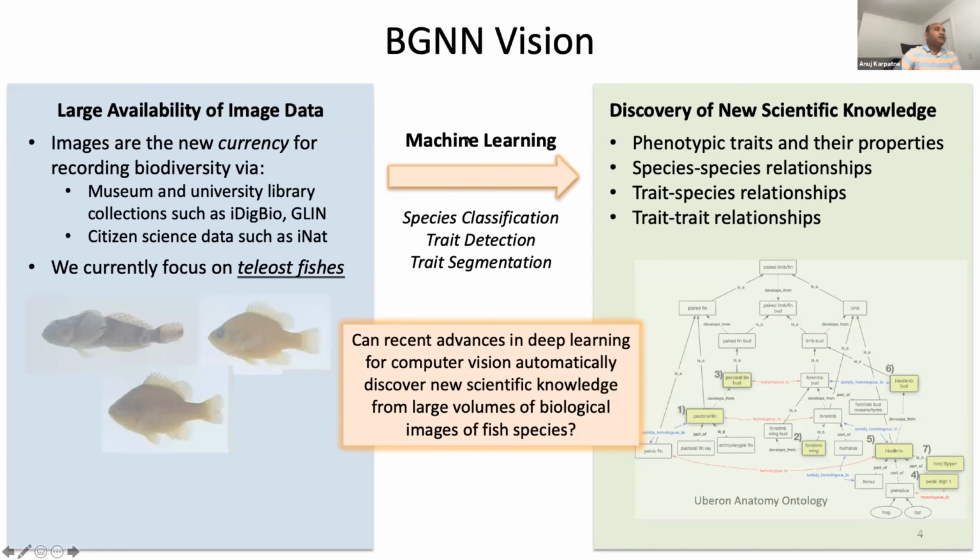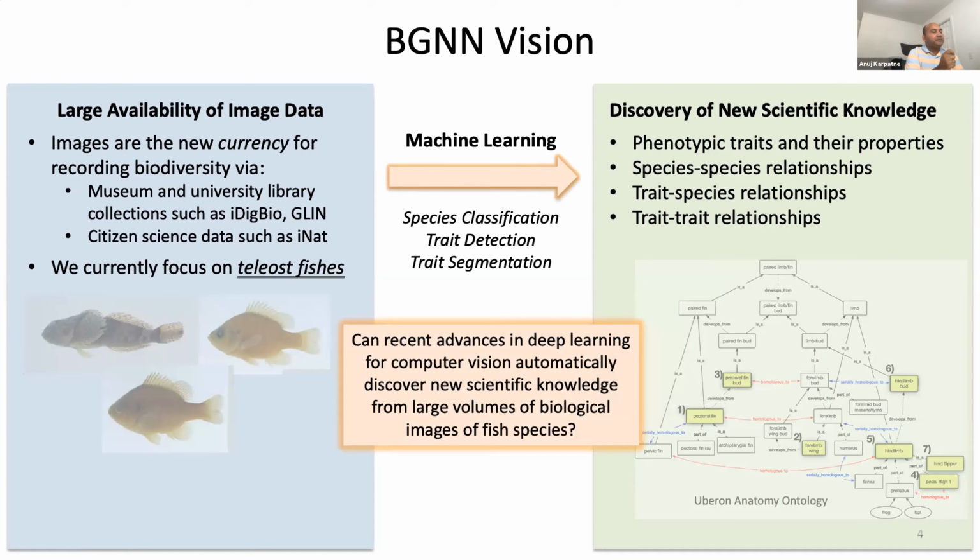We want to build machine learning models that can automatically extract new knowledge, harnessing advances in deep learning that have revolutionized the field of computer vision, working with benchmark data sets having millions or even more labeled images.